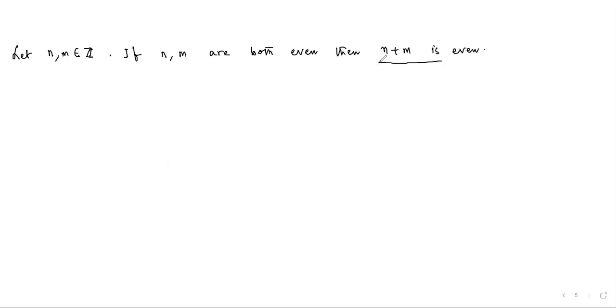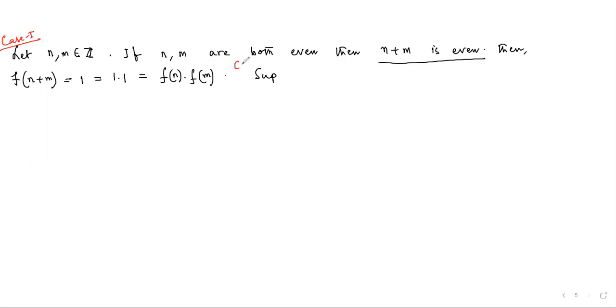If n plus m is even, then f(n+m) is equal to 1 by definition, which is written as 1 into 1, which is f(n) and f(m), no problem. Suppose you can write this as case 1.